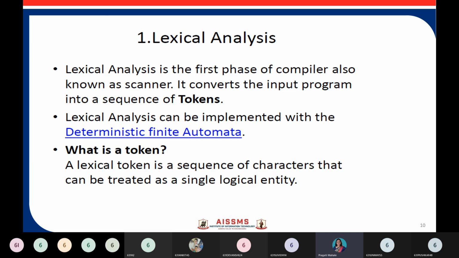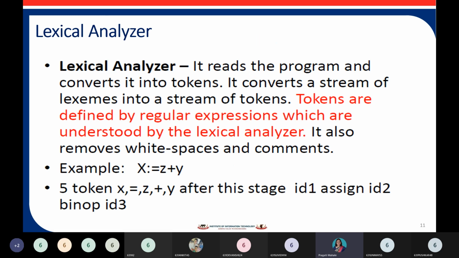What do you mean by token? That we have seen here. The lexical token is a sequence of characters that can be treated as a single logical entity. We have also seen in the last session what are tokens and what are non-tokens. White space, tab, new line, blank spaces, and comments are all non-tokens, whereas all the other symbols are considered as tokens.